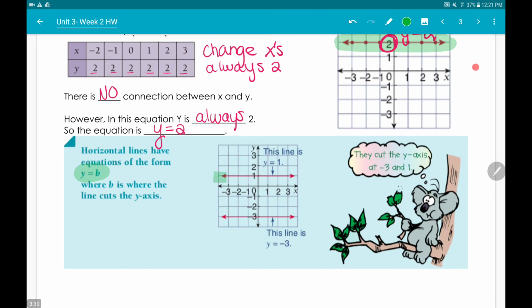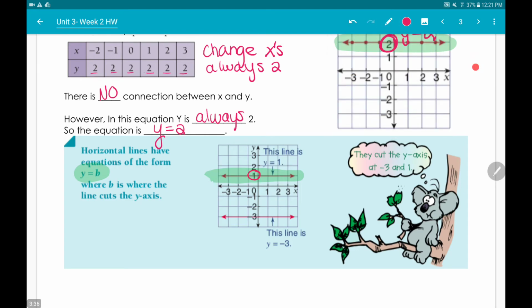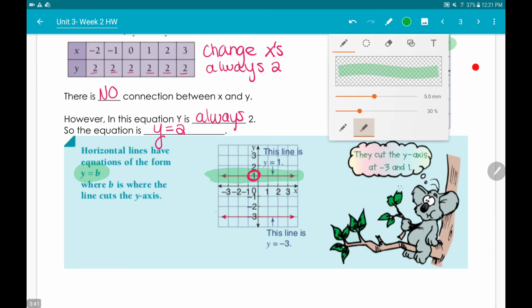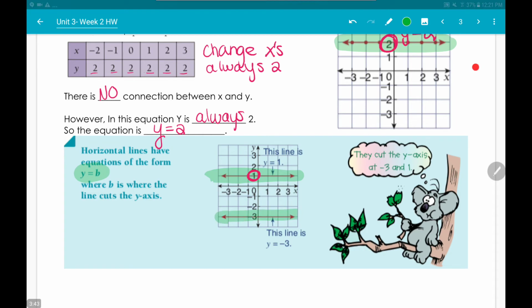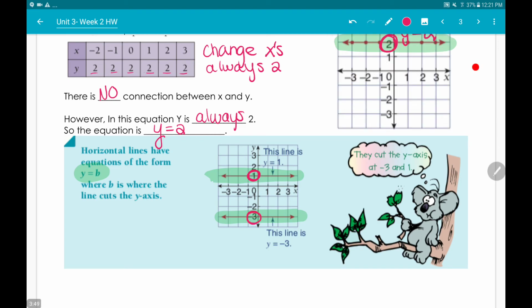Okay, and the b is where it hits the y-axis. So again, if I look here, I have y equals 1 as my equation because the y is the 1. Here, I have y equals negative 3 as my equation because that's where it's cutting through that spot.